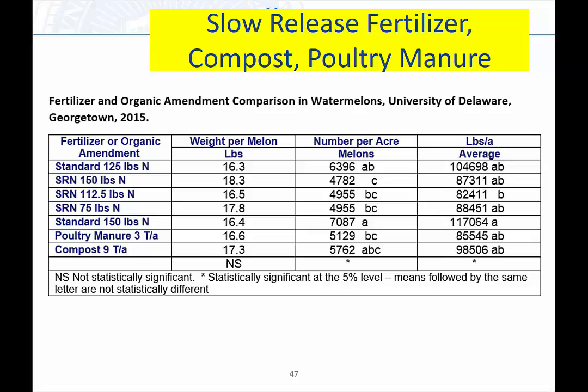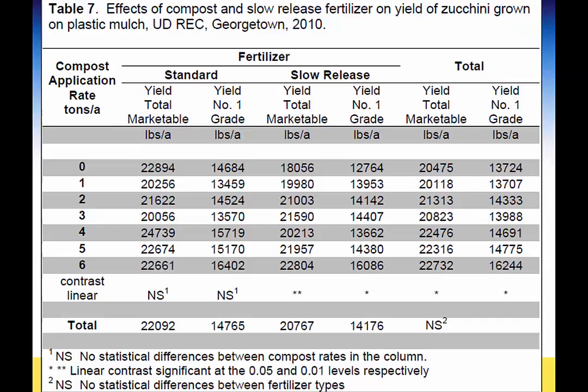In this case, we saw a reduction in yields of watermelons where we're using just a controlled release. This was all controlled release, so what we're going to have to do is what Sandy was recommending. We're going to have to put a little bit of soluble fertilizer up front to make this work. So that's something we'll move on to next year.